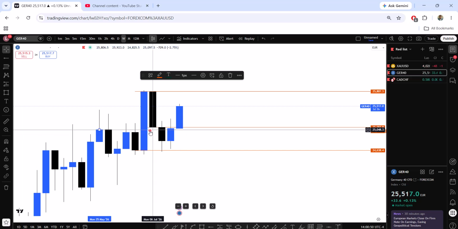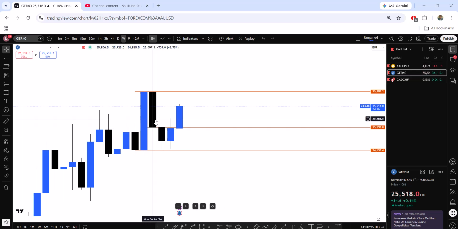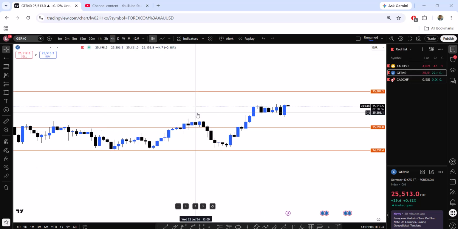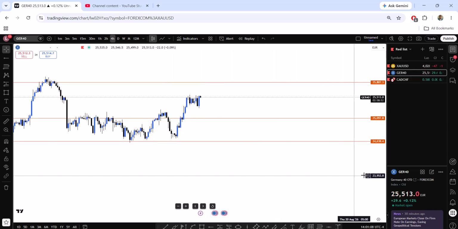But if I had to just refine this, let me just remove that and refine. We can see that GER40 is giving us a bullish storyline because we closed above this gap, and now we're targeting this area over here potentially. If I step down to the 4 hour, I can then refine just based off of what I would like to see.